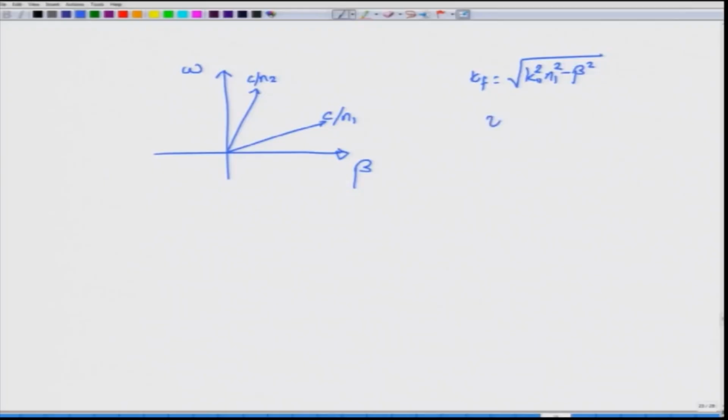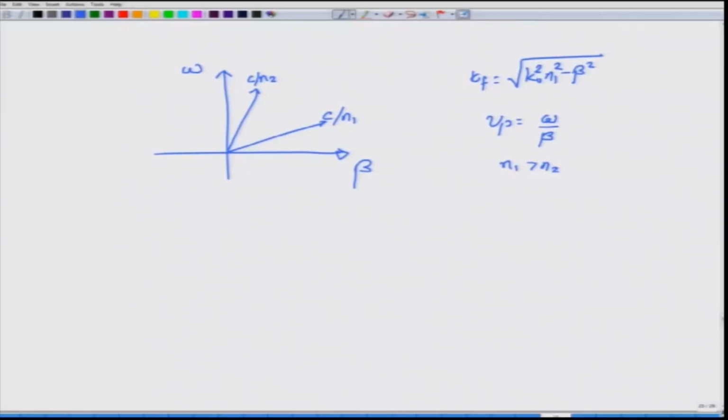Remember that the phase velocity is given by the ratio of omega by beta. For the modes propagating in the slab, if the material were only slab, the phase velocity would be c by n1. If it was only cladding, the slope would be c by n2, and of course n1 is greater than n2, therefore the slope of c by n1 is smaller compared to the slope of c by n2.